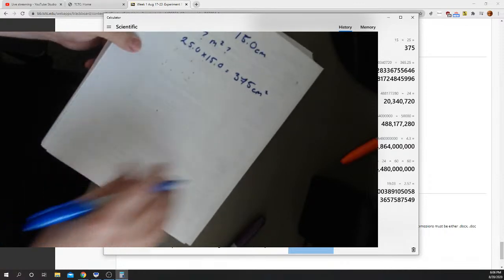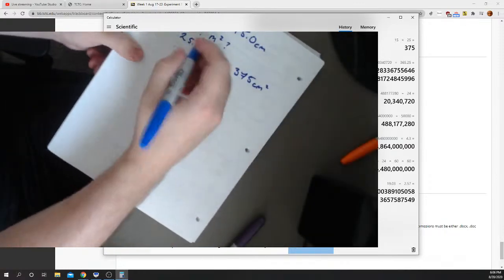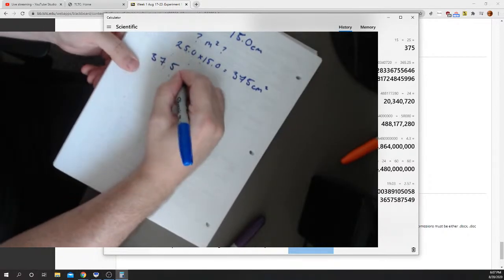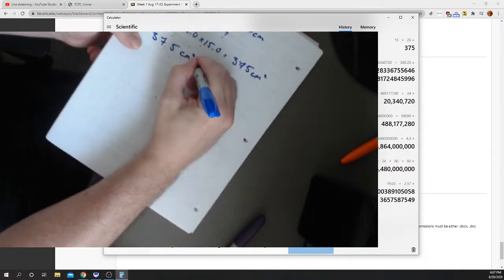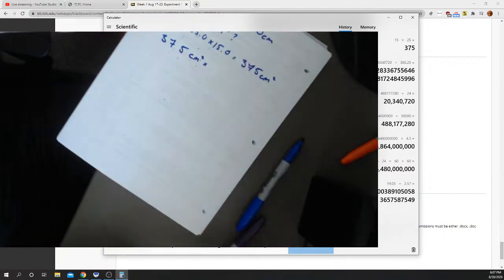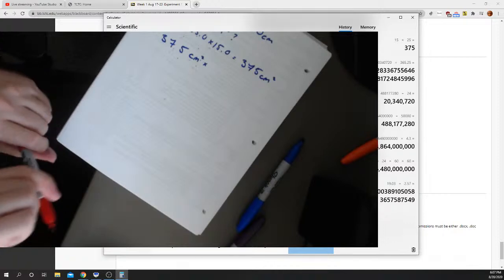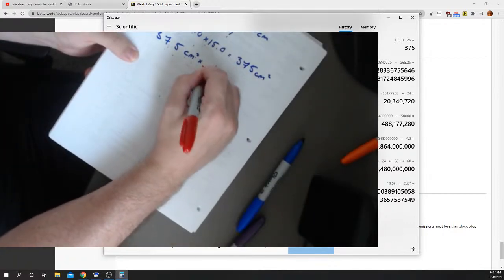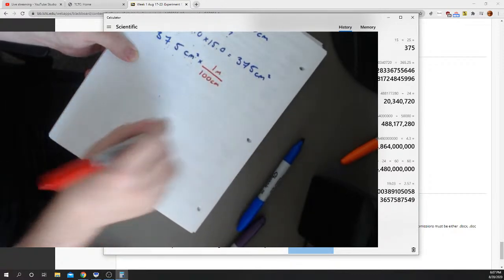But now let's go ahead and convert that to square meters. 375 square centimeters times our basic conversion factor. We know that 1 meter is equal to 100 centimeters.